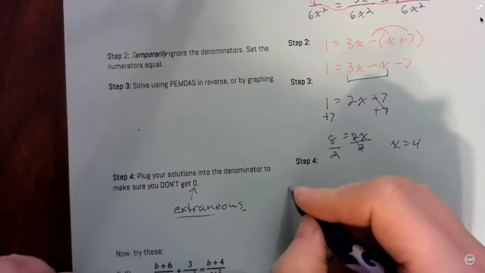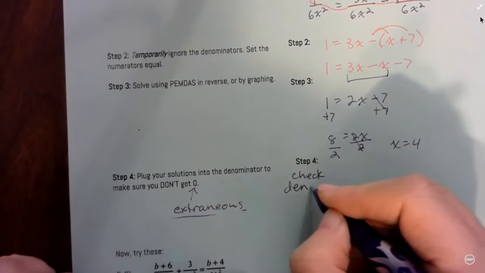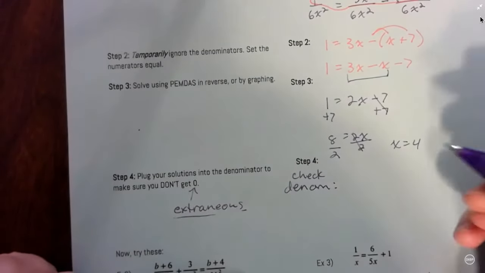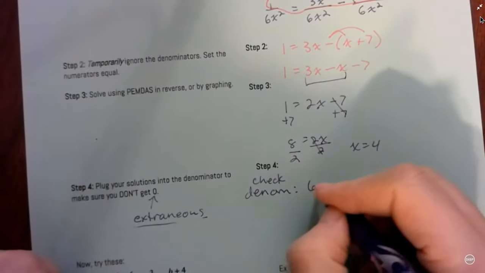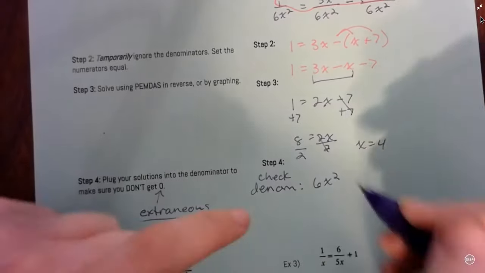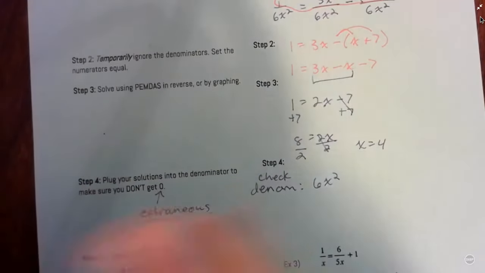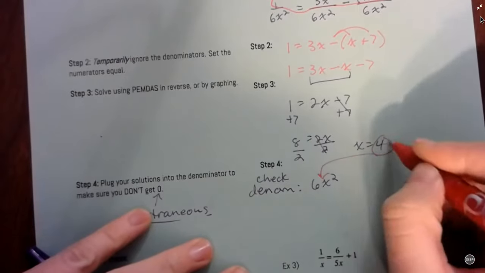So take your denominator. I'm going to check my denominator, which is 6x squared. And I'm just going to plug 4 in for x right here.